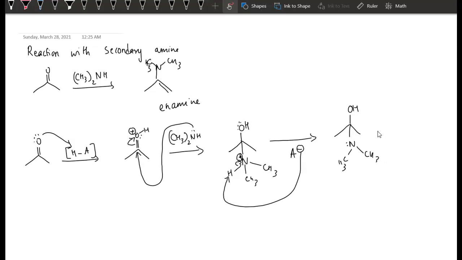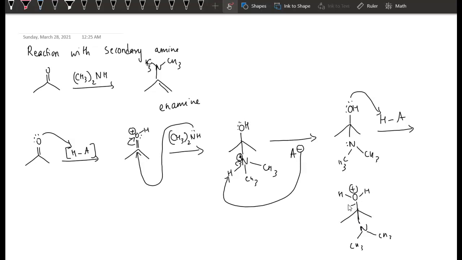But here in the next step, what is going to happen is protonation again, right? So with the oxygen getting protonated, and here we can continue. We will get an OH and an H. Oxygen gets positive charge, and we have this nitrogen with a CH3 and a CH3. All right.